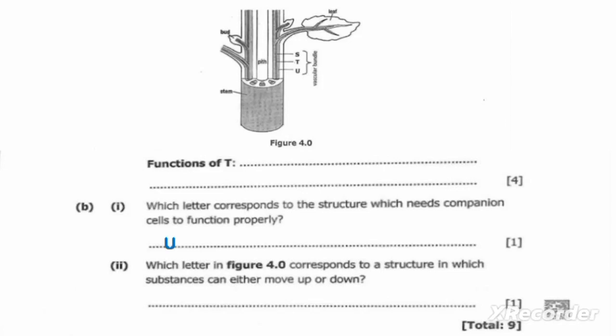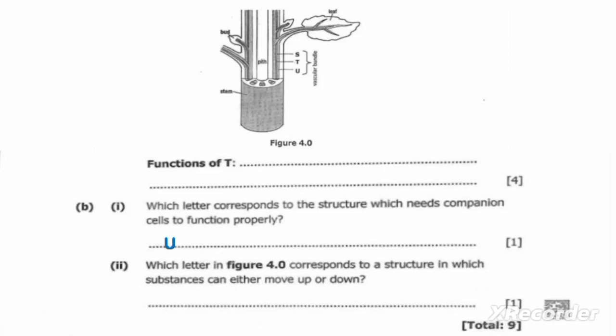The function of the phloem is to transport manufactured nutrients such as sucrose and amino acids by translocation.